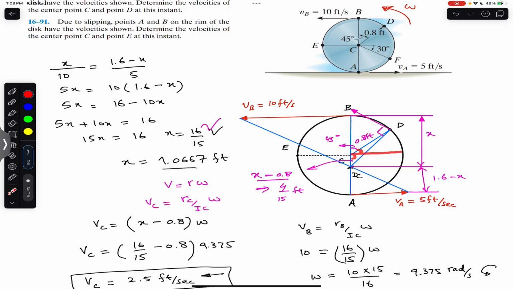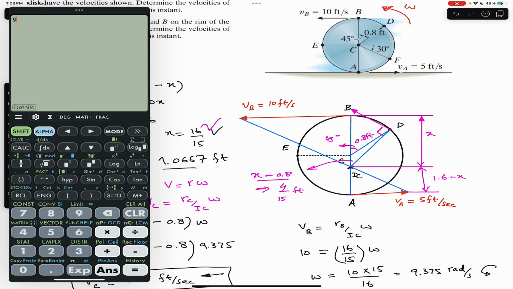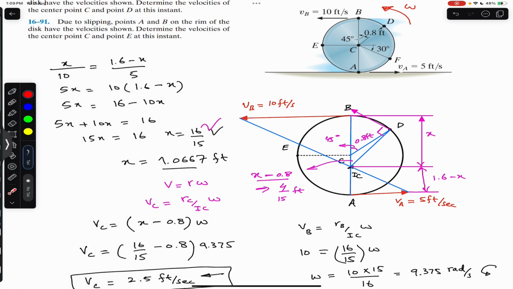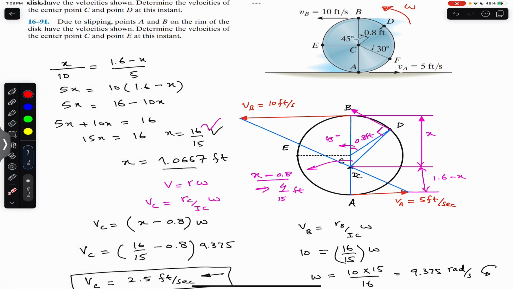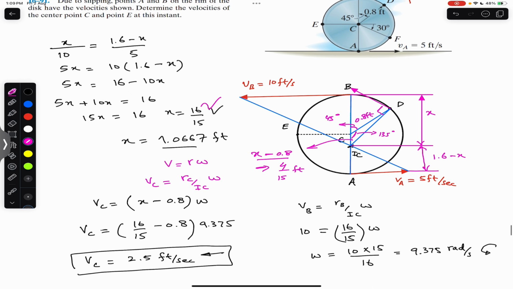So 90 plus 45 is 135. Or we can say that if this angle is 45, then this angle will be 180 minus 45, so 180 minus 45 is 135. So this angle is 135 degrees.